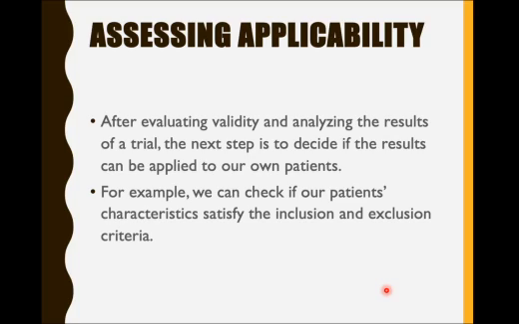So you now decide, will the results of this study be applicable to my own patients? For example, in assessing the applicability, we can check if our patients' characteristics satisfy the inclusion-exclusion criteria. So you need to look at the inclusion-exclusion criteria in the paper.